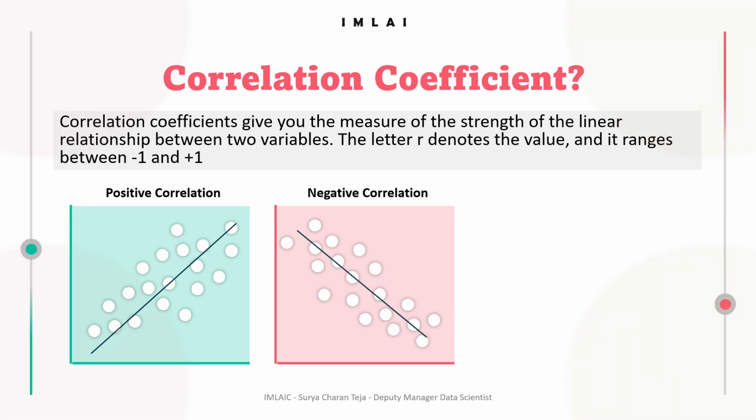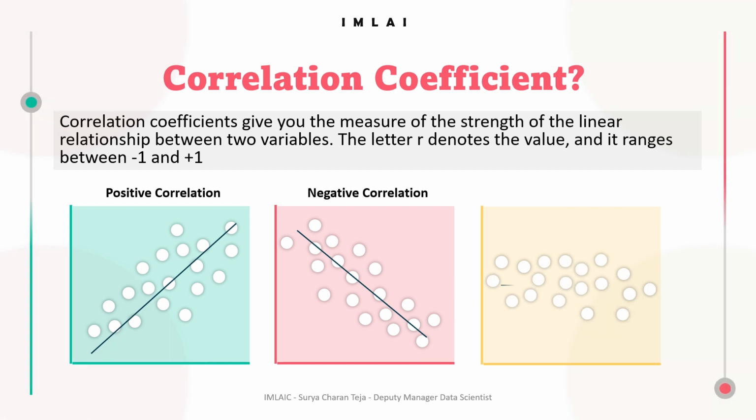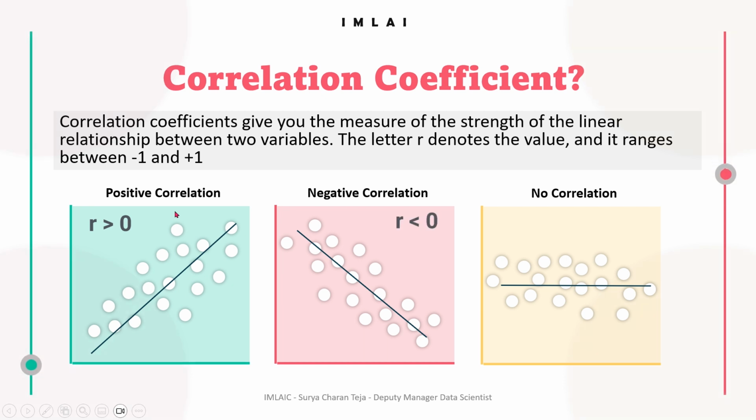If R is less than 0, it implies a negative correlation. If R is equal to 0, it implies no correlation.